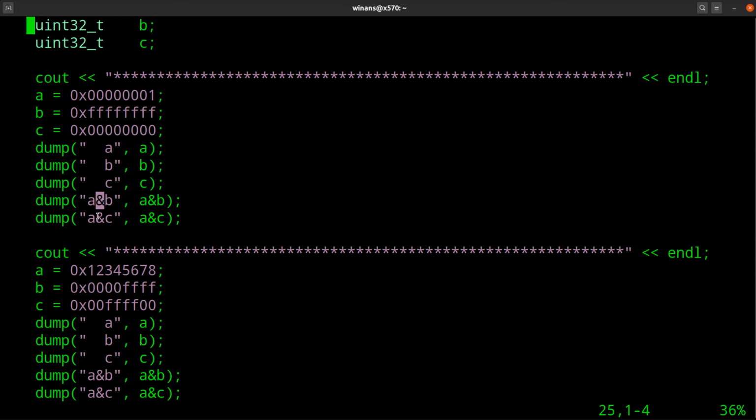These are all going to be AND operations, okay? Now, unlike the Boolean ones, the bitwise operations, you saw how the shift worked. We're moving these bits to the left and the right. Well, the AND operation, what it's going to do is it's going to take this as a binary value, and each of these 32 bits independently, when I do this, I'm going to AND A with B. Okay?